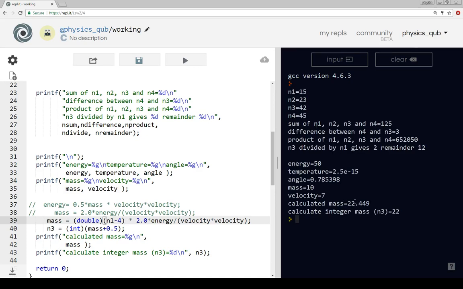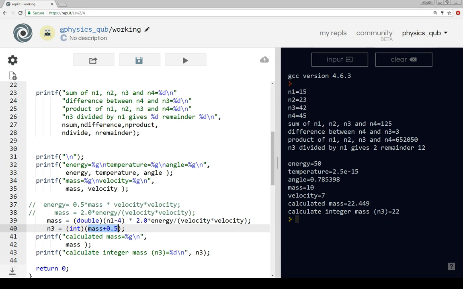So calculated mass now is 22.449, and the calculated integer mass is 22. So what I've shown with that test is that by using this expression of mass plus 0.5 and integer, although that makes it 22.949, the computer still rounds it down to 22. And you can test it with other values, but that in fact should always work.